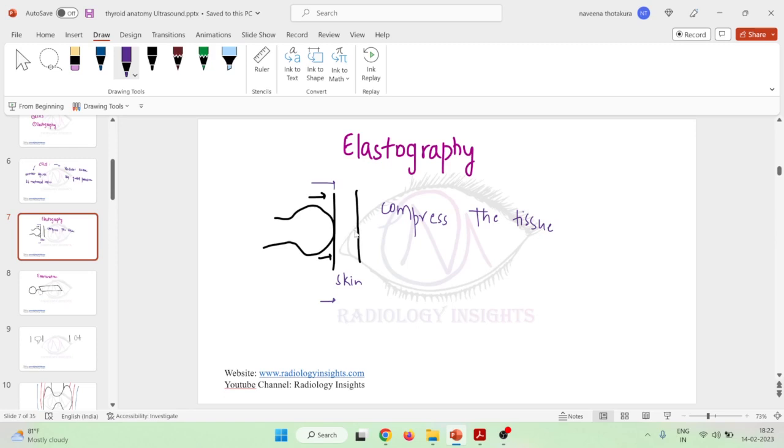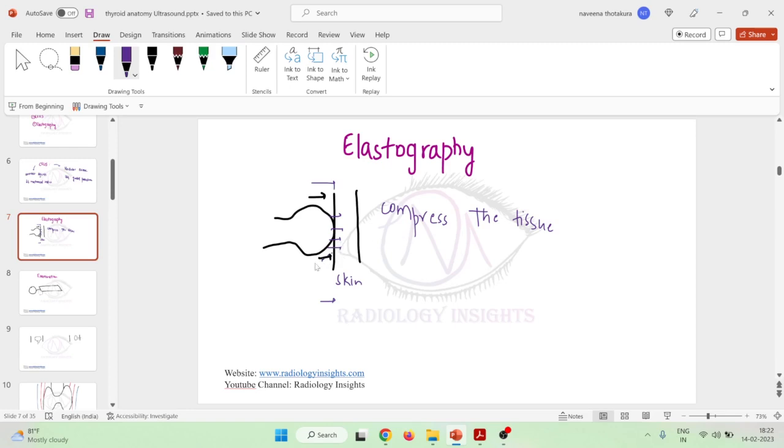This deformation is measured. For example, you are trying to compress this tissue. There is skin and this is the transducer. We are trying to compress this tissue. Ultrasound is nothing but sound waves. The sound waves will reach the tissues, and some of them will get reflected back and some will get transmitted.